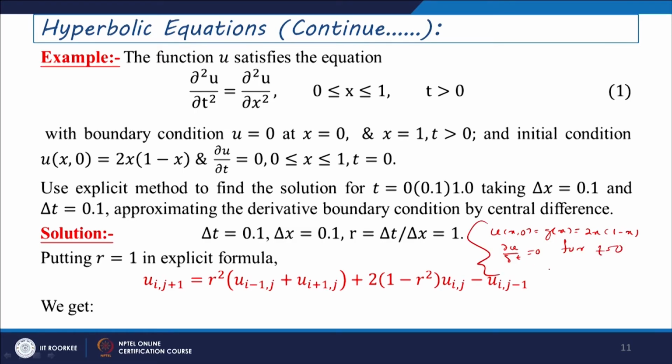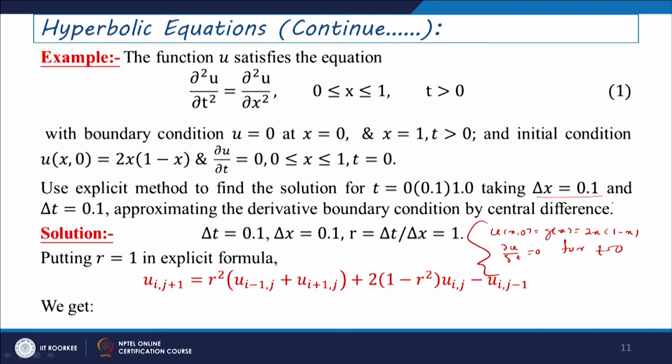Both these conditions should be satisfied, and we have to use the explicit method to obtain the solution for t from 0 to 1.0, taking del x equals 0.1 and del t equals 0.1. This means t has 10 steps, and x also takes 10 different node points to get the solution here, and we have to approximate the derivative by a central difference approximation.